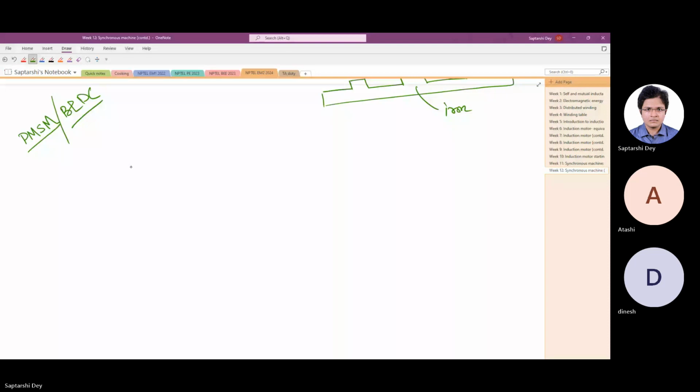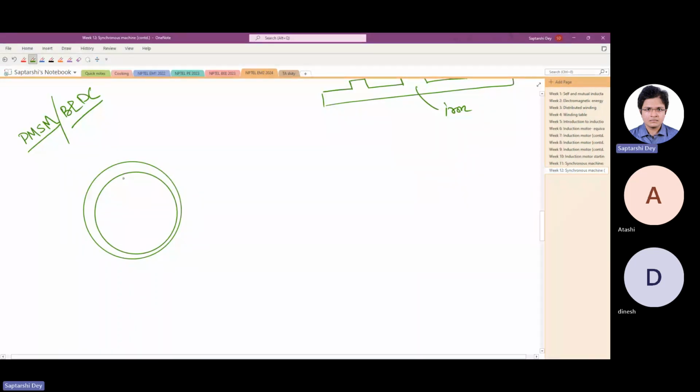Now suppose this is the rotor core, let us say. Now the magnet is somewhere. Where to put the magnet?